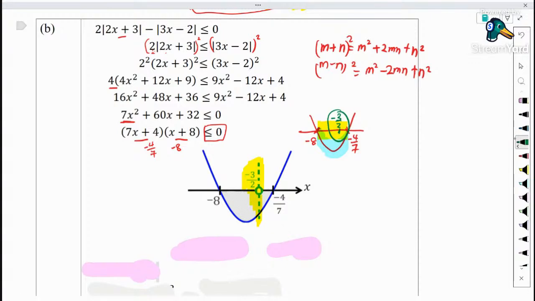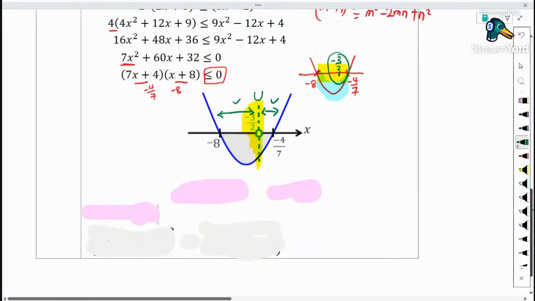With this dotted line interfering on the shaded region, you can see that now I have two intervals, and we are going to union these two intervals as our final answer. These two intervals are separated by the value of negative 3 over 2.